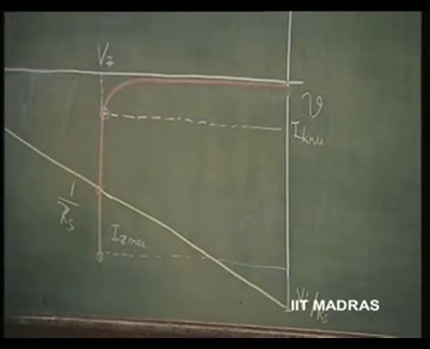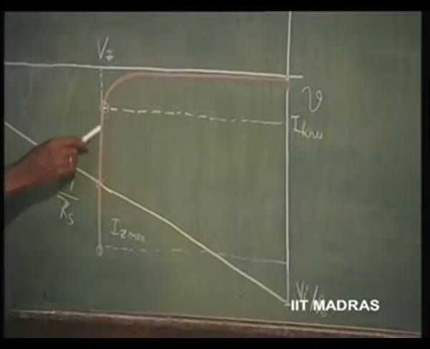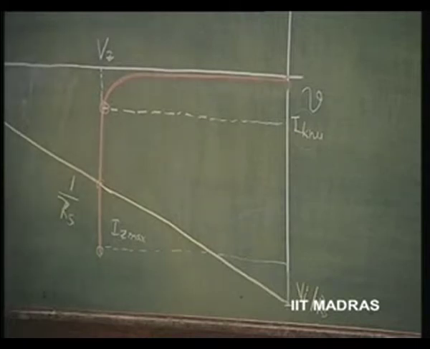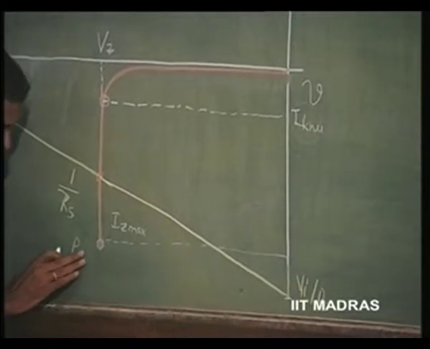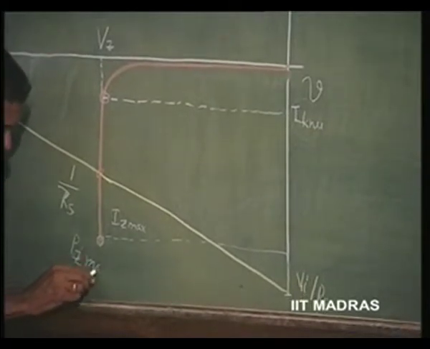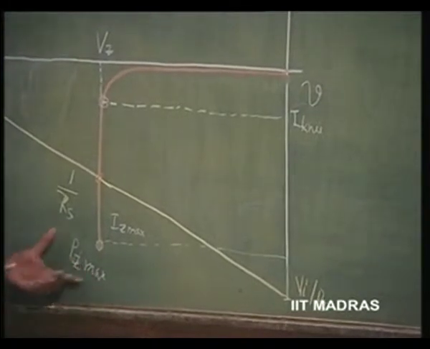So, one should know that the Zener is operated as a Zener diode only above the knee current. That means the current through the Zener should be greater than the knee current, but obviously there is a limit on how much power this Zener diode can dissipate. So, this is another point, corresponding to P Z max, the maximum power.